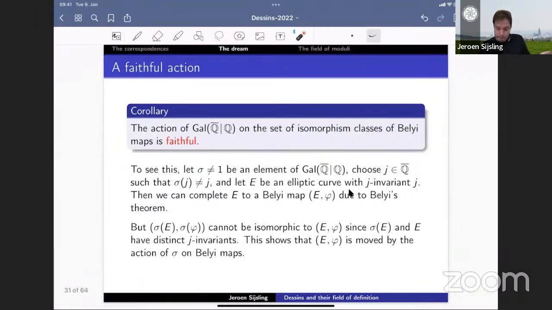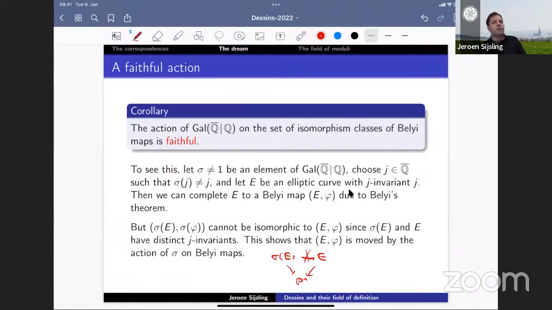That is clear because you can never have an isomorphism here: for the isomorphism, I needed a diagram like this. I would need this to P1, but at the very least I would need an isomorphism here, and that doesn't exist because the J-invariant tells you that these things are not isomorphic. Sigma E has J-invariant sigma(J), and that's not equal to the J-invariant of E, so it's completely excluded. And that means you're done.